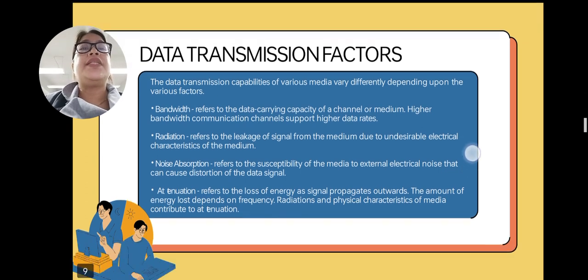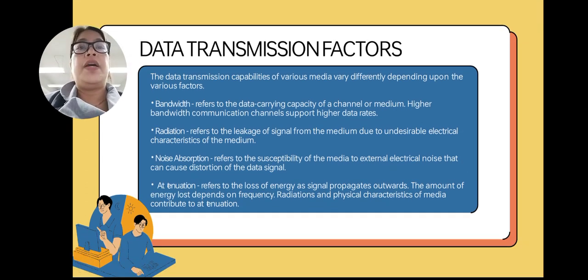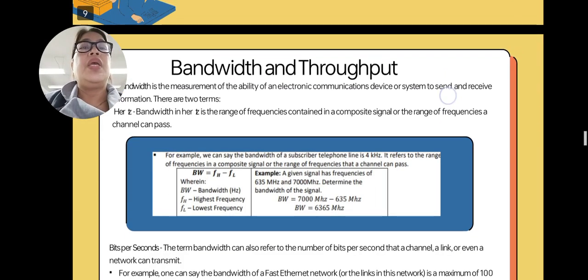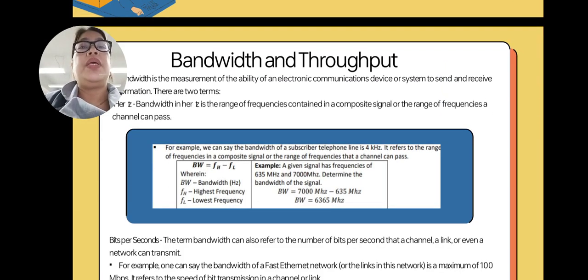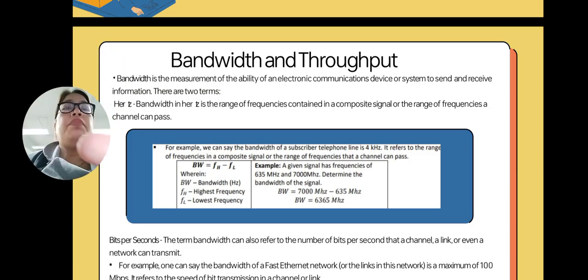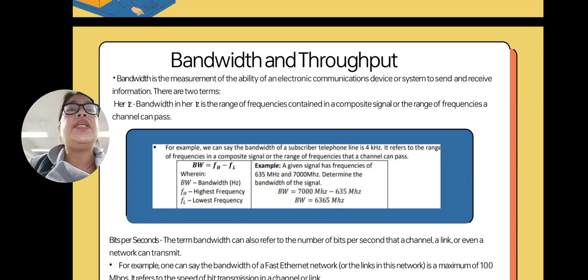Next are the transmission factors. The data transmission capabilities of various media vary depending upon several factors, which are bandwidth, radiation, noise absorption, and attenuation. Next, bandwidth and throughput are measurements of the ability of an electronic communication device or system to send and receive information.